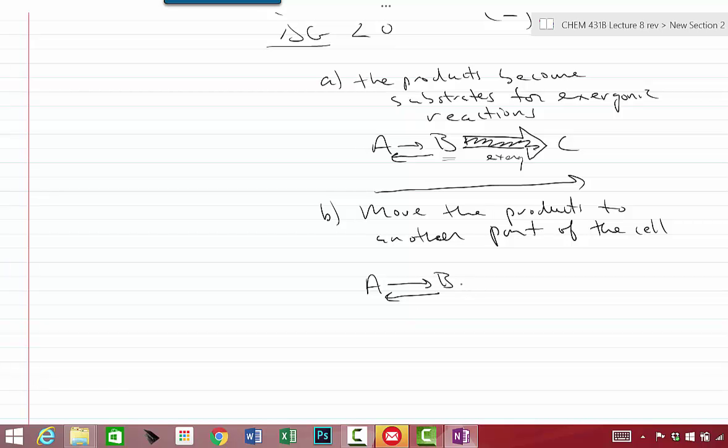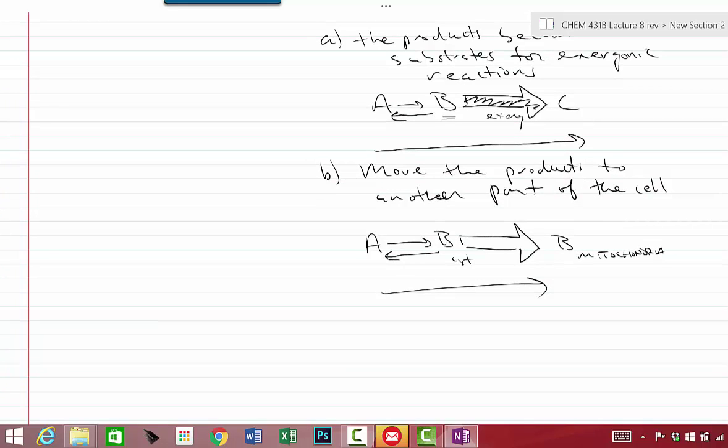But as long as we can take that B and move it, let's say from the cytoplasm, to the mitochondria, it's the same thing as lowering the effective concentration of B in the cytoplasm, so that overall this reaction will go to the right, and the metabolic pathway can continue.